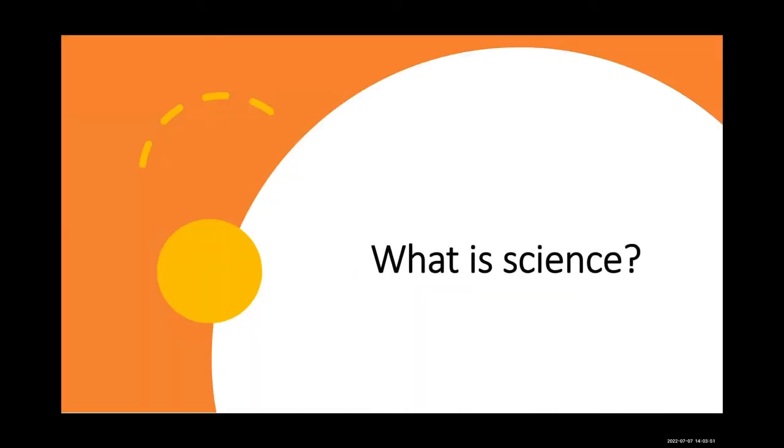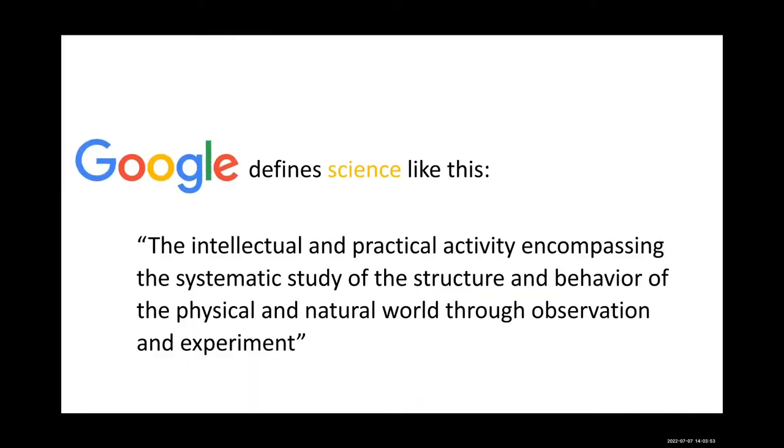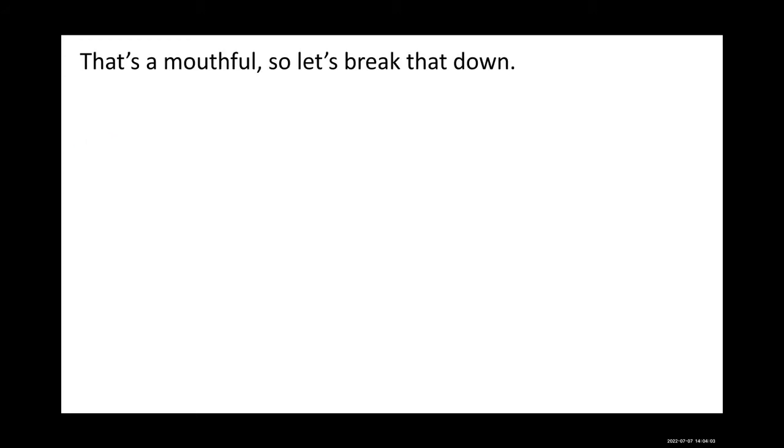So what's science? Google defines science like this: the intellectual and practical activity encompassing the systematic study of the structure and behavior of the physical and natural world through observation and experiment. That's a mouthful, so let's break it down just a little bit.